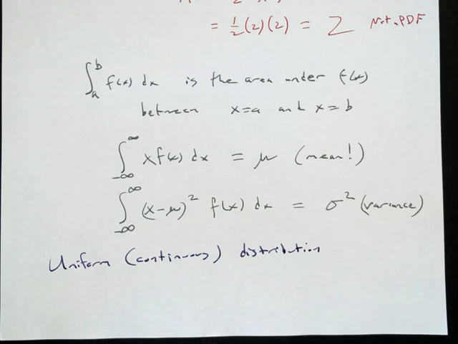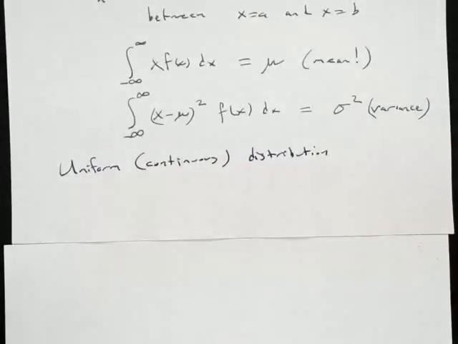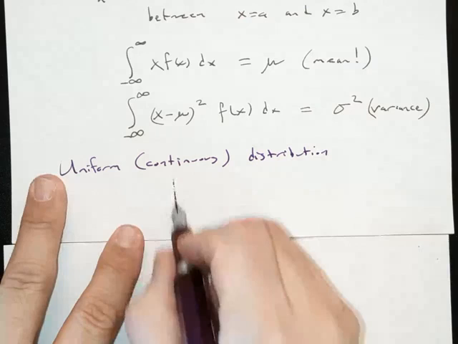And it's going to look just like the picture we were just looking at. My graph is going to be a horizontal line. Now, I want the area to be 1, right? I want the total area to be 1.